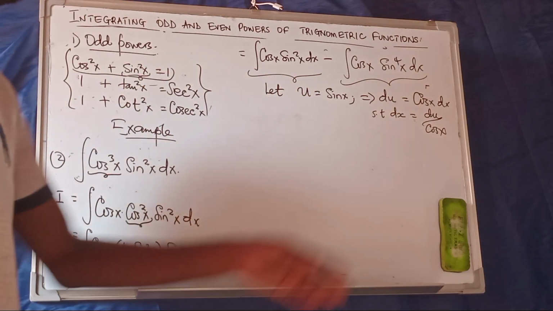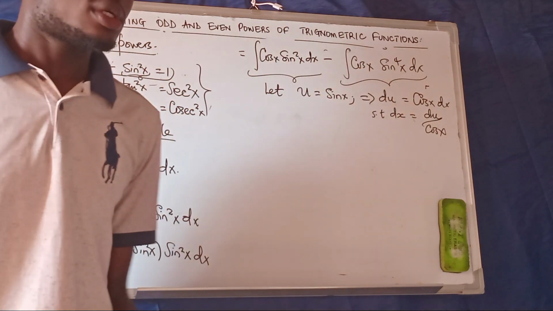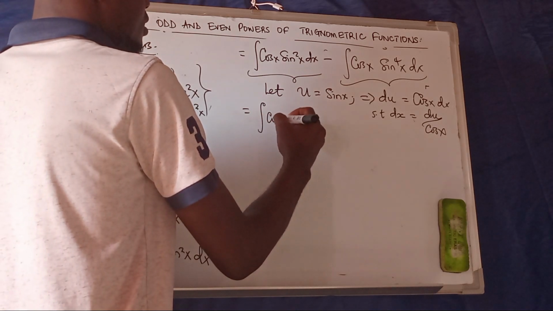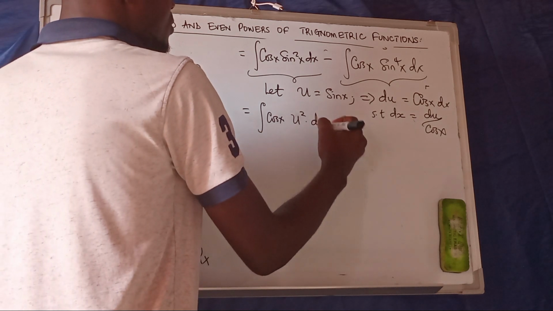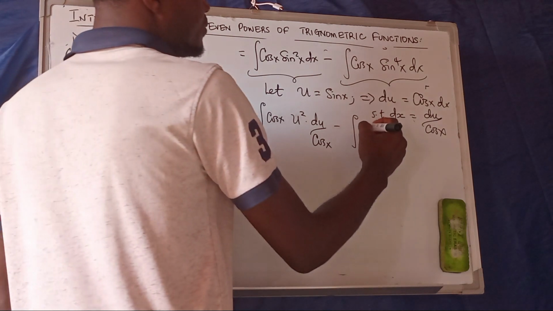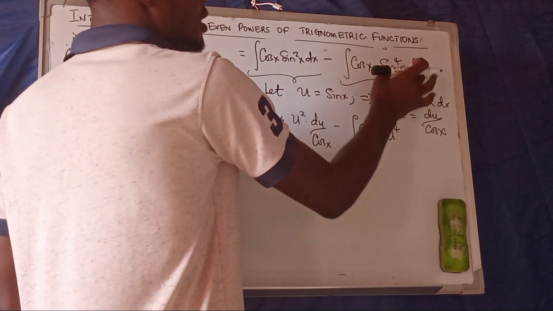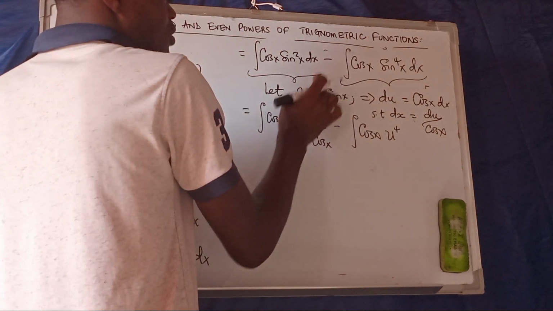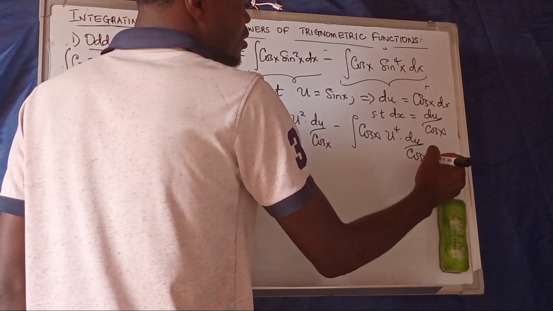You see that when we replace, the cos x will cancel out, so that we have the integral of cos x, this is u squared, times dx, it is du over cos x, then minus the integral of cos x, then u power 4. This is because we let our u to be sine x, so sine power 4x is u power 4 times du over cos x.